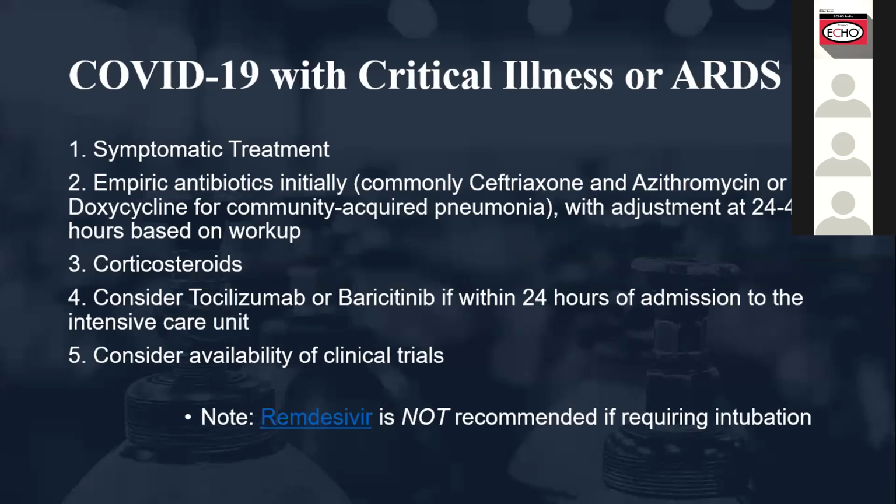of course, in every patient you need to provide symptomatic treatment. You may consider empirical antibiotics in critical COVID-19 patients, and they may be in shock, either from bacterial superinfection, and you need to give a third generation cephalosporin like ceftriaxone and azithromycin or doxycycline.